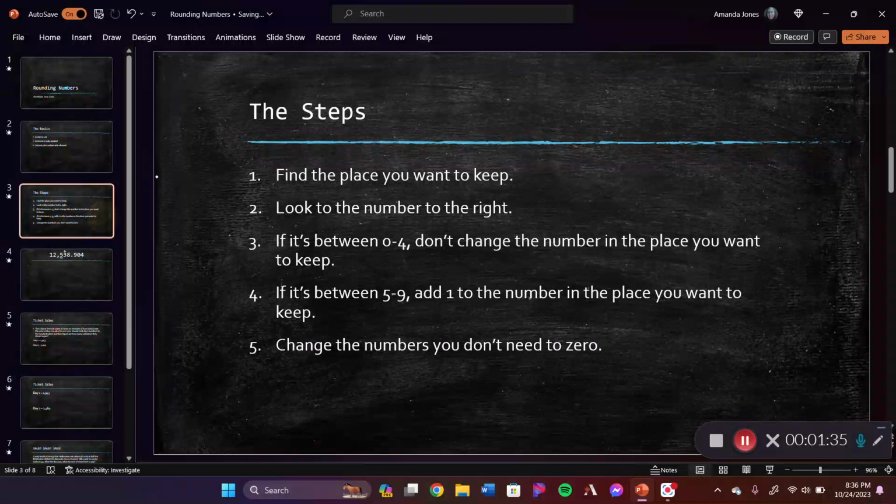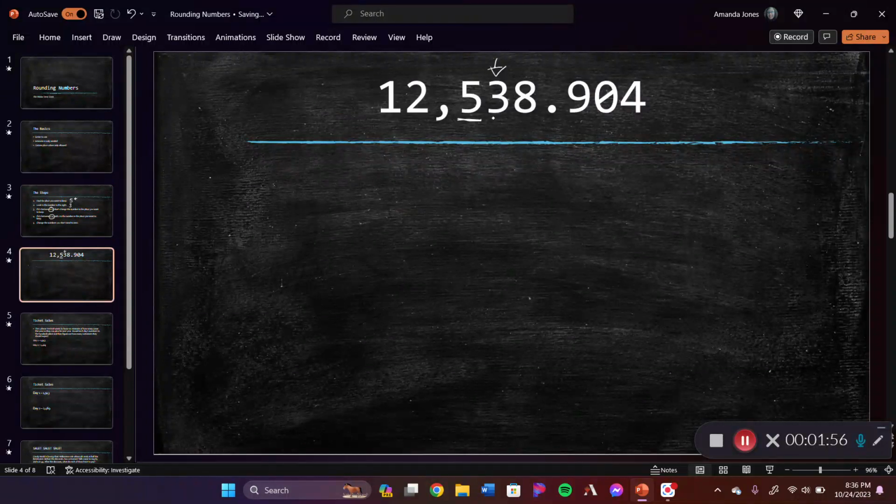So the number we wanted to keep was a 5. The number to the right was a 3. Now, is it between 0 to 4 or 5 to 9? It's between 0 to 4. 3 is between 0 to 4. So we don't change this number. Okay? So we're not going to change this.